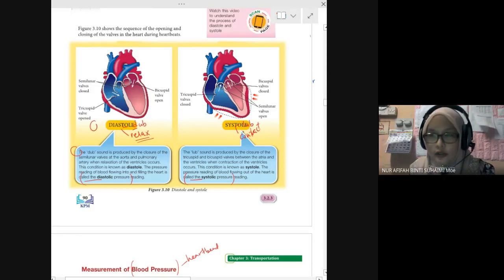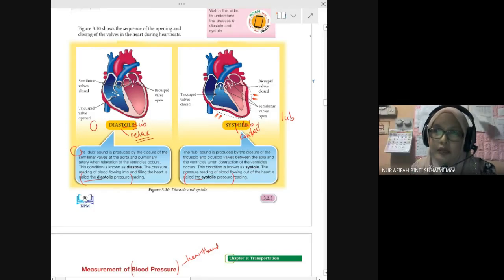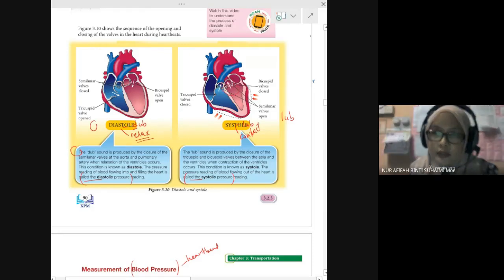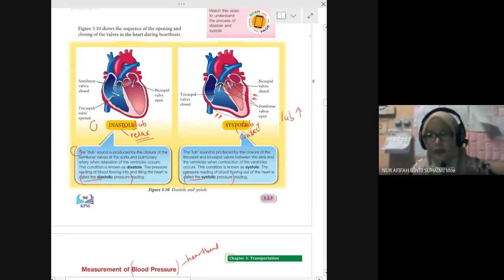Systole produces the lub sound, which means that our heart is contracting, or pumping the blood out. You see the white arrow here. The heart is pumping out blood, so it contracts and produces the lub sound. This lub sound is quite louder than the dub, because for the dub, your heart is relaxed.